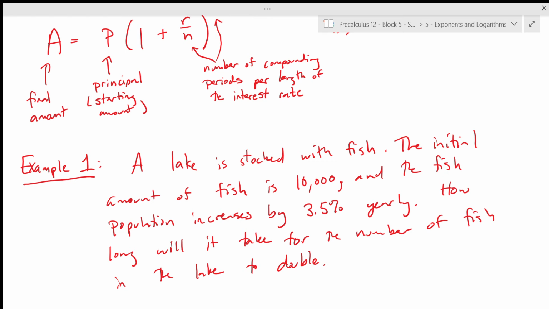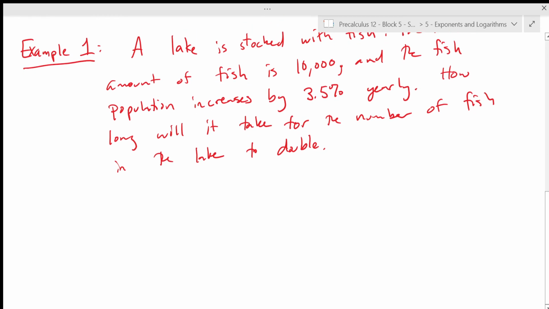So we can think of this as a growth problem. We don't necessarily have to use a growth formula, but we can think of it almost like a geometric sequence. So we've got our fish population is equal to 10,000 times 1.035. This is our growth factor.